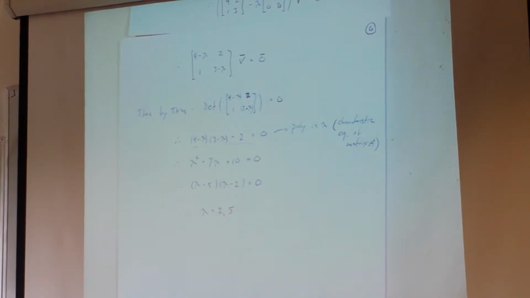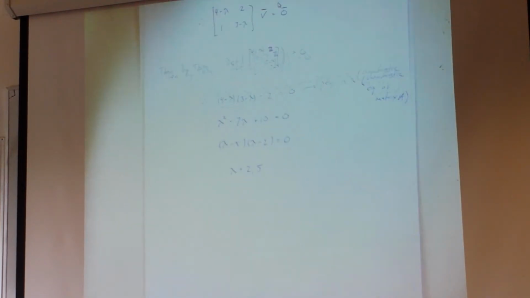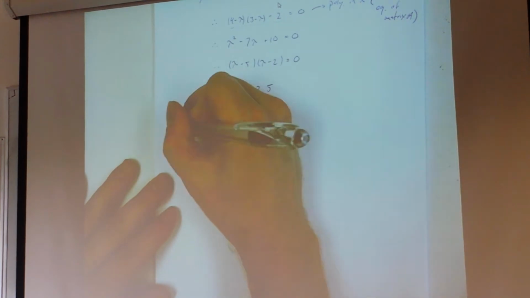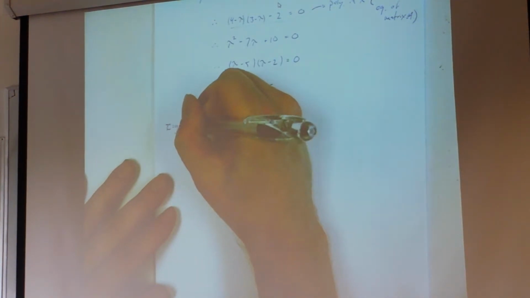All right. So let's go in order. Let's look at the eigenvalue 2 to find the eigenvectors.